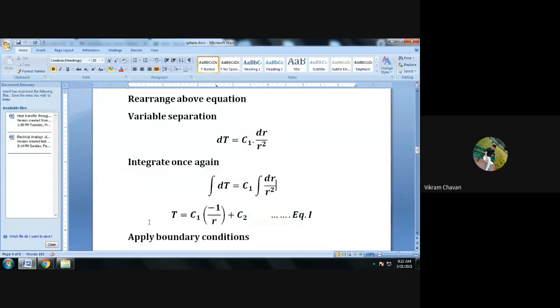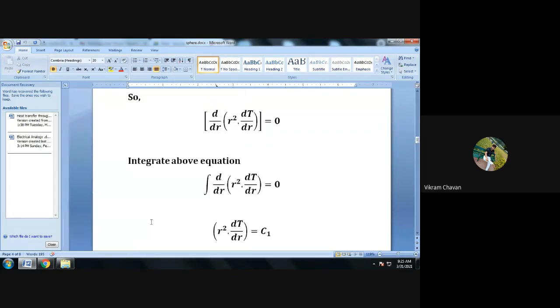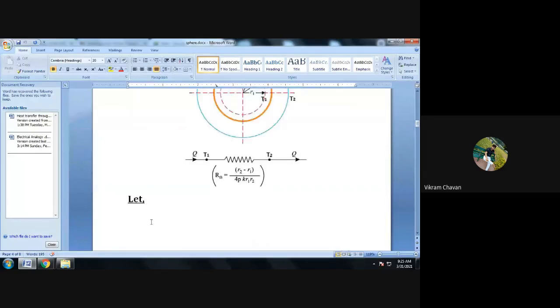So then we have to consider the boundary condition to determine the constants c1 and c2. Now here our aim is to determine the constants c1 and c2. So to determine these constants, we need boundary conditions. Boundary conditions means what? The extreme conditions of that particular object.